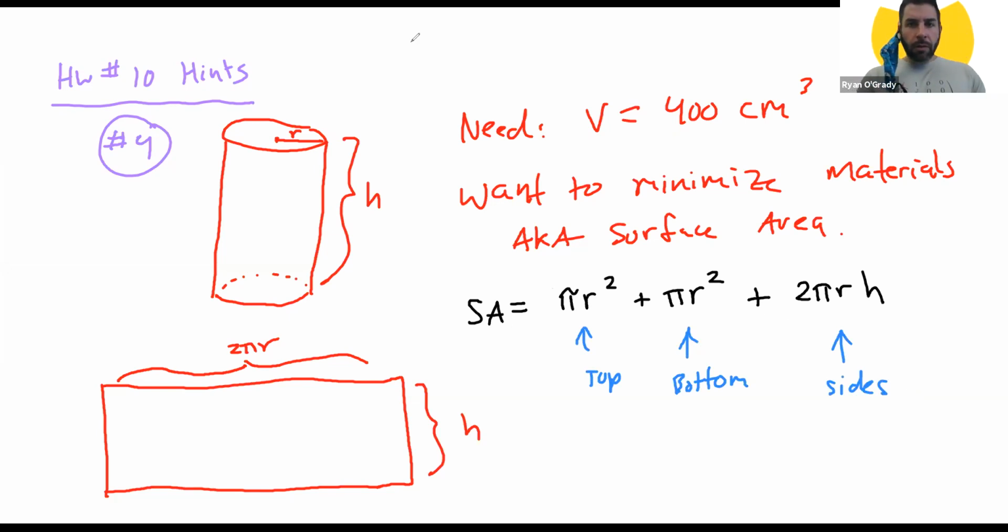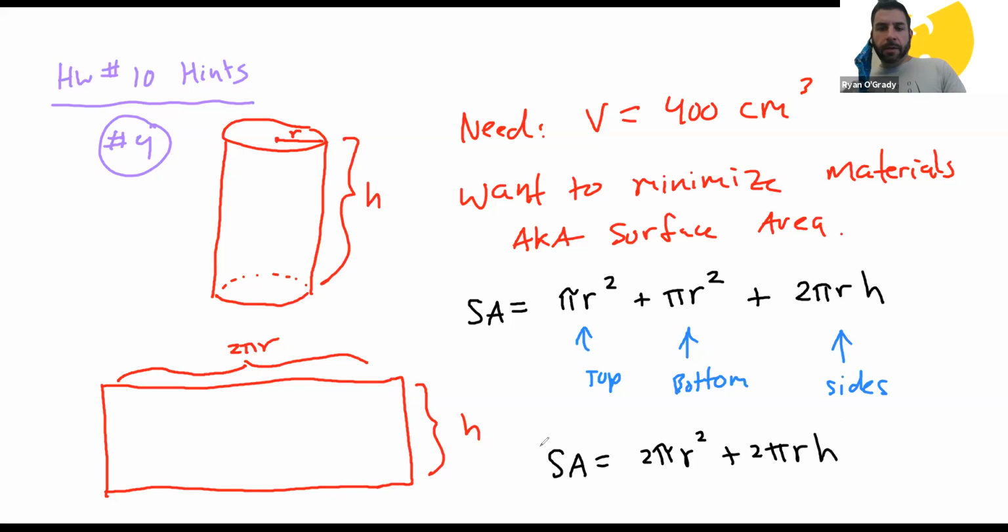And so what we can do is write this up, combine our like terms, and for the sake of simplicity, we'll write this as 2 pi radius squared plus 2 times pi times radius times height. So this is the function you need to study.